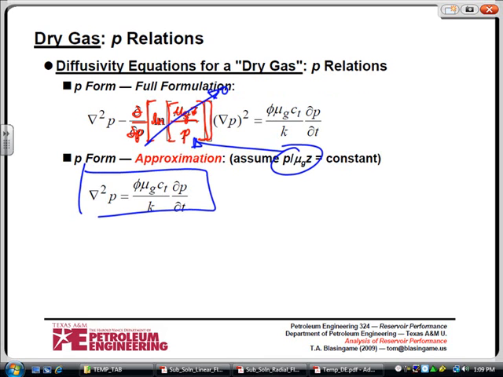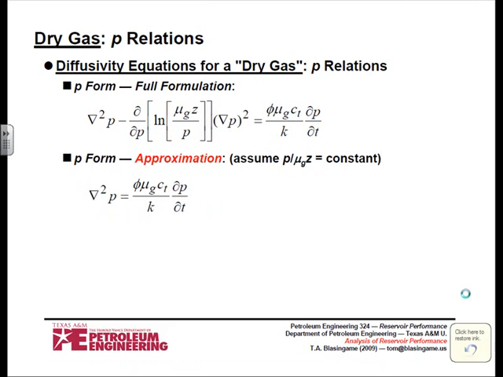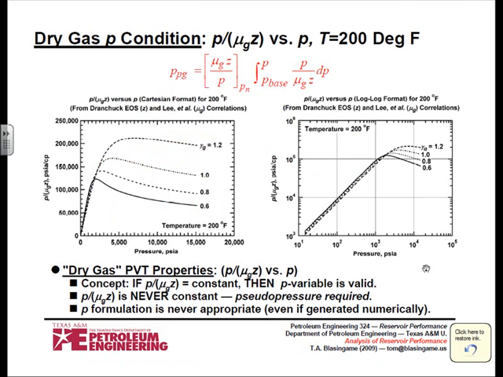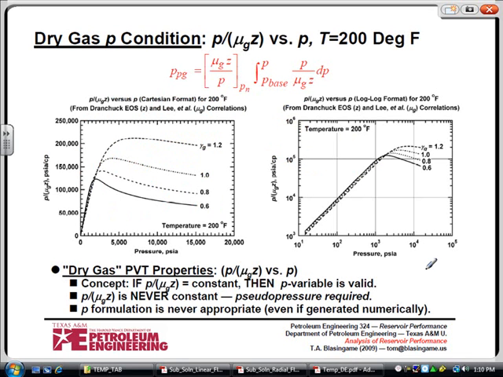And by the way, it doesn't matter whether you think this is a little bit wrong or a lot wrong. It's always wrong. The pressure equation never applies, and I'll show you why in about 2 seconds. Why do you think it is, Mr. Stone? Because there is no constant part. There appears to be a constant part up here, perhaps, and this is what Wattenbarger and Ramey said when they looked at this 40 years ago, that it was constant.